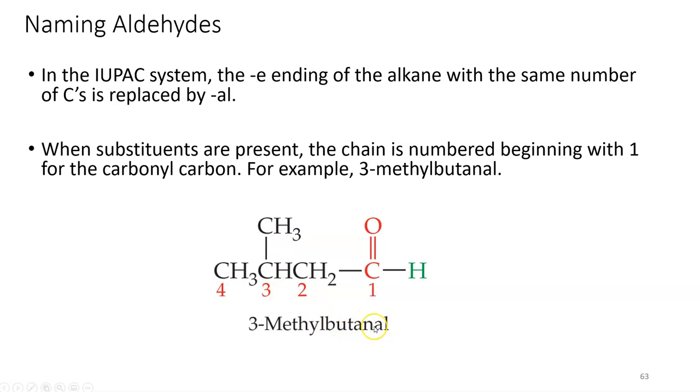So instead of butanol, which would be for an alcohol, it's an al for an aldehyde. So with the al, we don't have to put a 1-butanal, for example, because we know we start the naming or the numbering with that functional group.